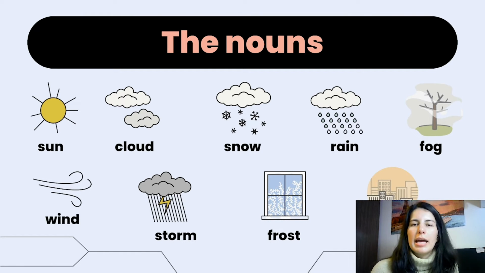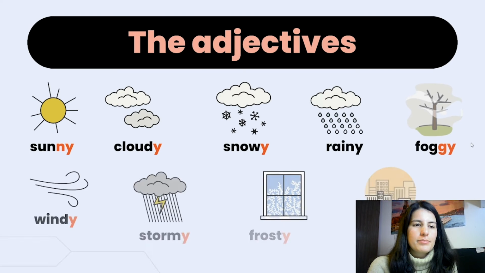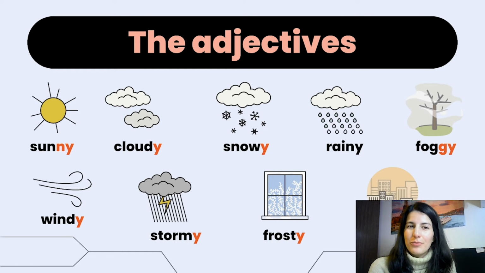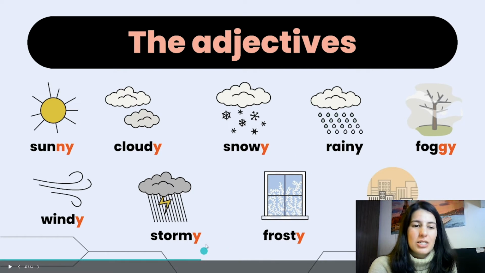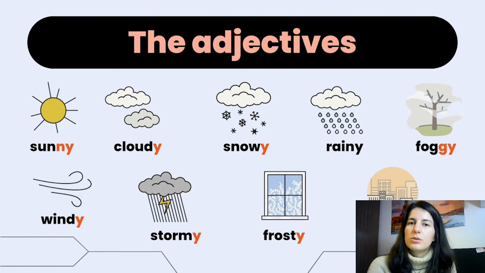The way to do that is by using a specific suffix that is just one letter, just the letter Y. And so we have the adjectives for the weather, in which we are going to see sunny, cloudy, snowy, rainy, foggy, windy, stormy, frosty, and hazy. All of these words accept the suffix y with a couple of differences, right?